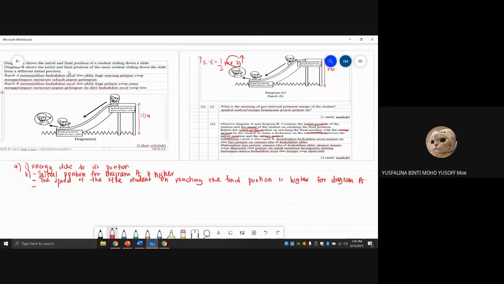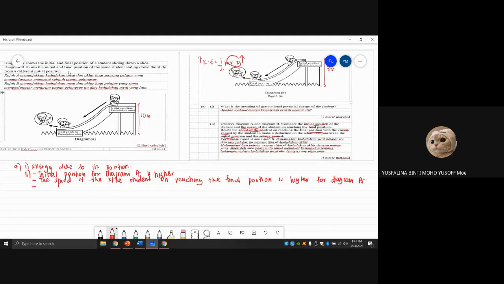It asks you to compare the speed and the energy gain.